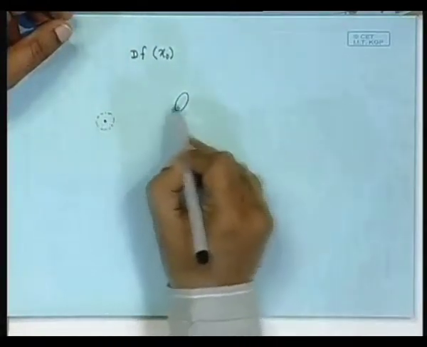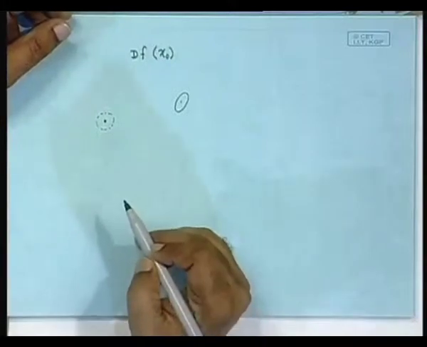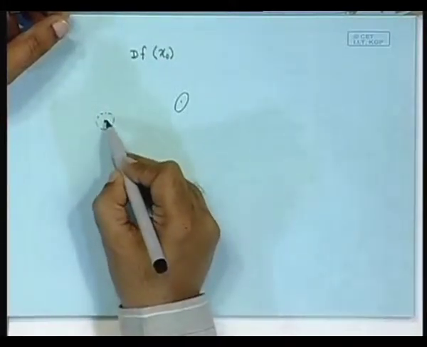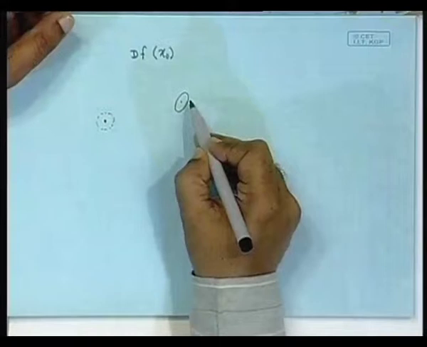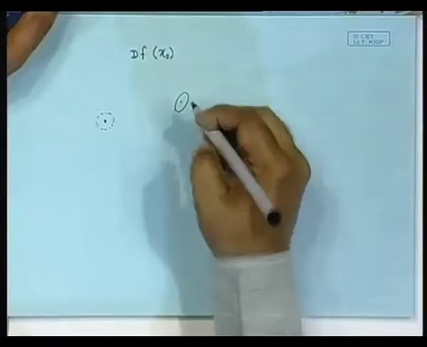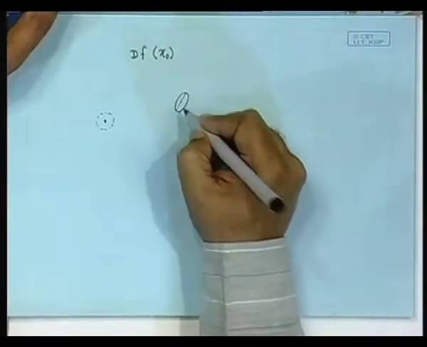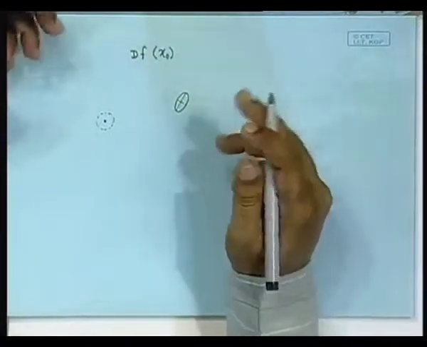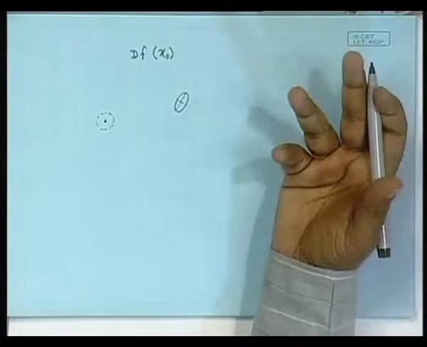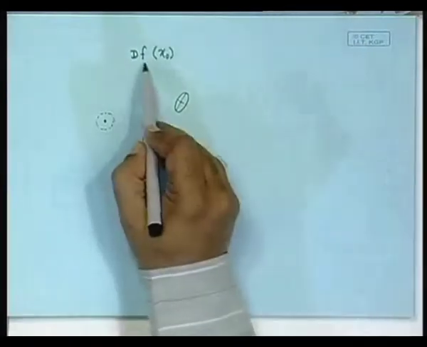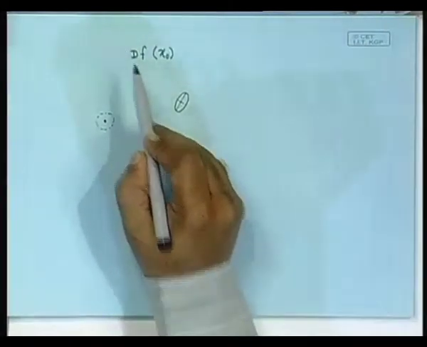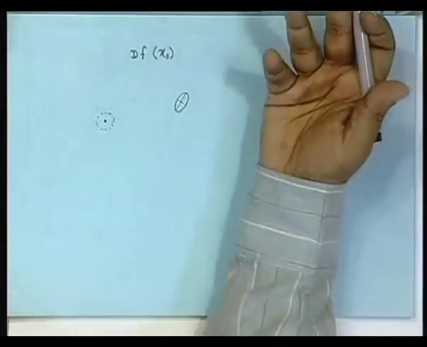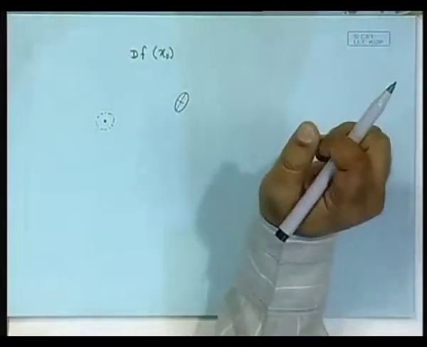The point maps to a point somewhere here, but the region around it maps as an ellipse. And we have already seen that the major axis of this ellipse and the minor axis of this ellipse are given by the eigenvectors of this matrix times its transpose. Okay, we have already seen that.